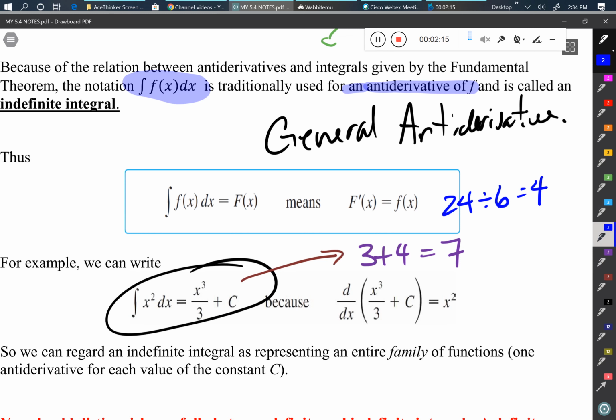When you perform the operation, you remove the operator symbol. I don't need this hanging around anymore because I did the division, or because I did the addition. What is the square root of 25? Well, the square root of 25 is 5. Where did the square root symbol go? It's an operator. It tells you what to do. When you do it, it goes away.